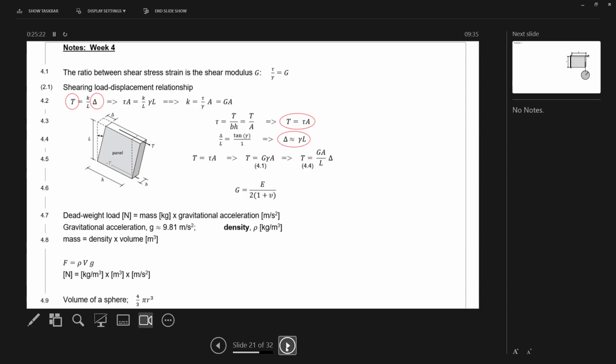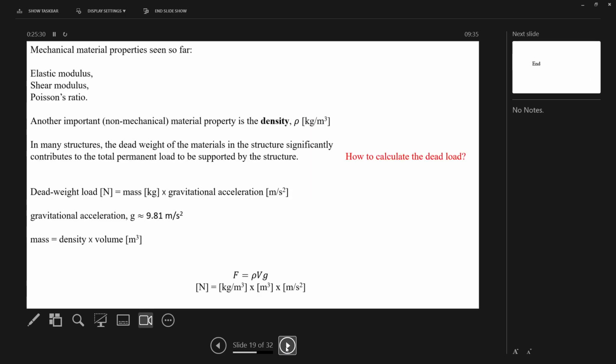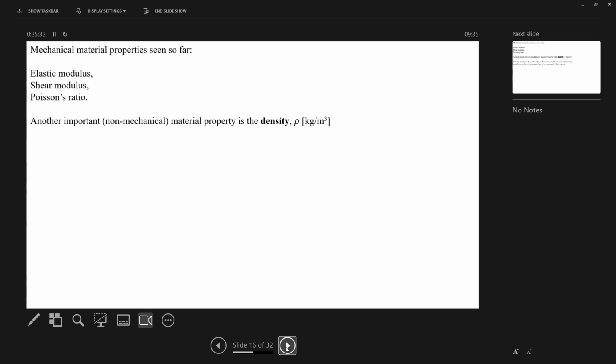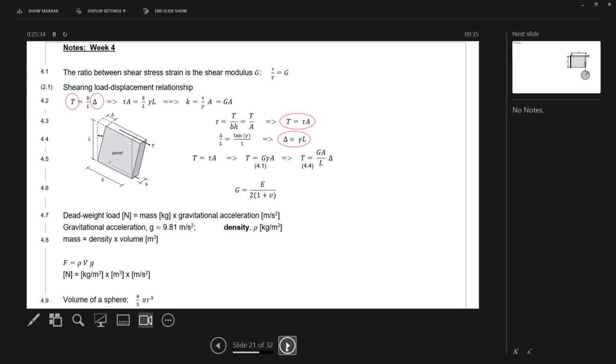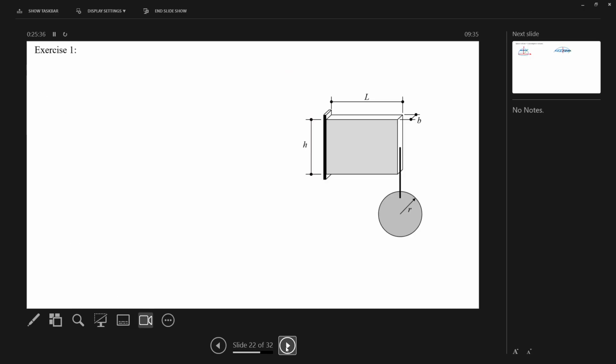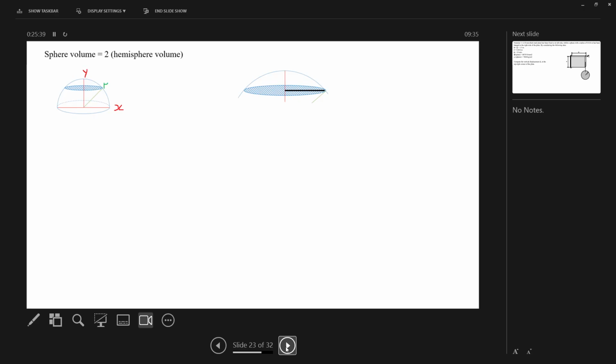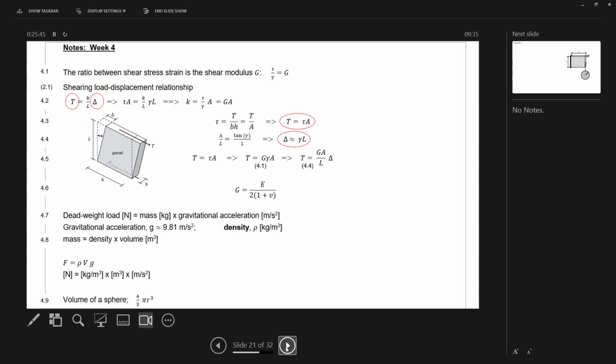What I used to do in this module is I used to do a silly exercise showing people the proof of where this comes from.